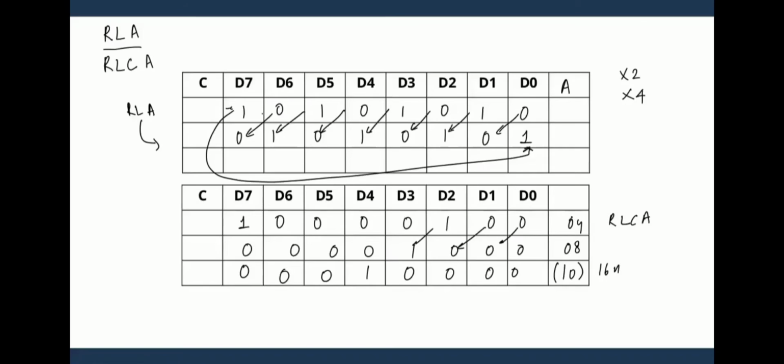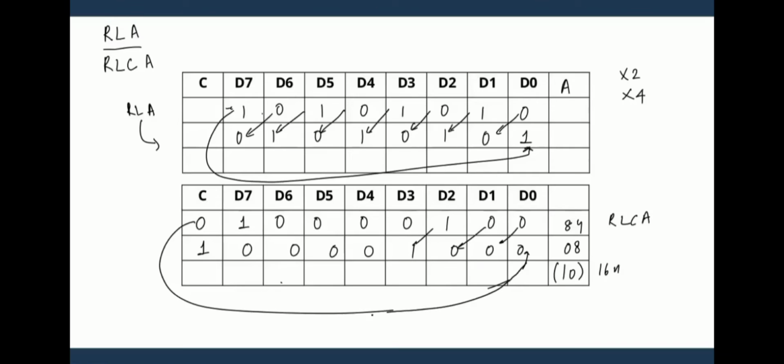Suppose the D7th bit is 1, and we are doing RLCA. Then what will be the next value? We can see that the carry flag changed to 1, and the value in the carry is moved to the D0th bit. So RLCA differs from RLA in that the value in the carry flag register moves to the D0th bit position.